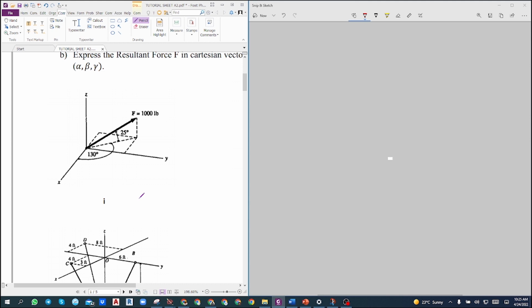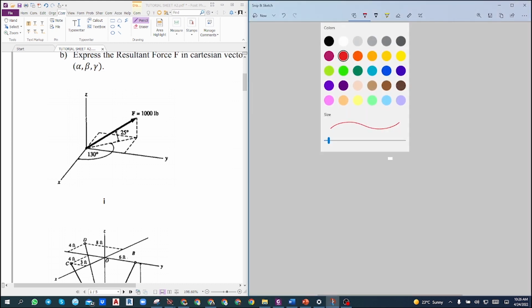Then we've been given the 25 degrees from the xy plane to F, and we've been given the magnitude of F to be 1000. So we need to resolve its components into the xyz. We are supposed to use just some basic SOHCAHTOA here, and we'll be able to get the answers.